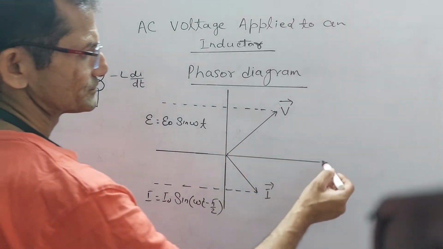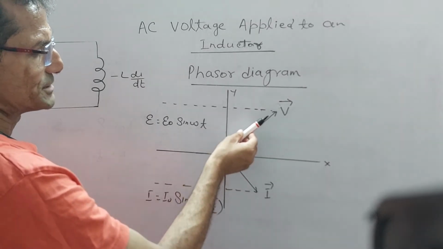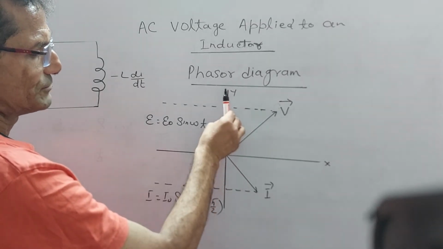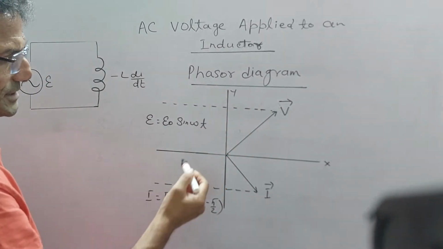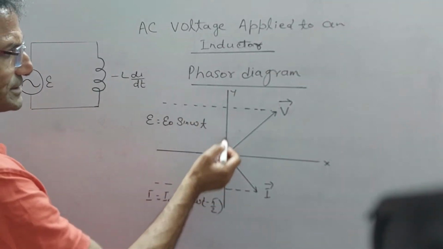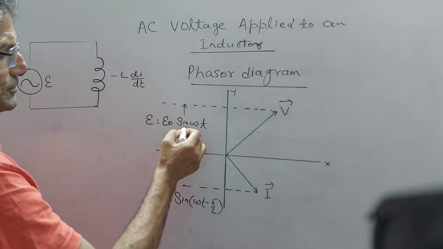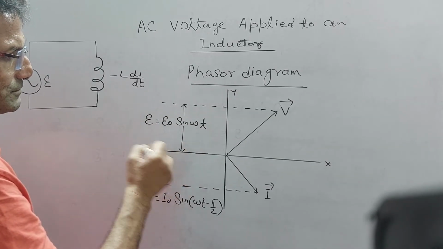This is your x-axis, this is your y-axis. The projection of voltage along the y-axis will be the instantaneous value at the time t. So it means that at time t, the voltage across the source becomes this one.